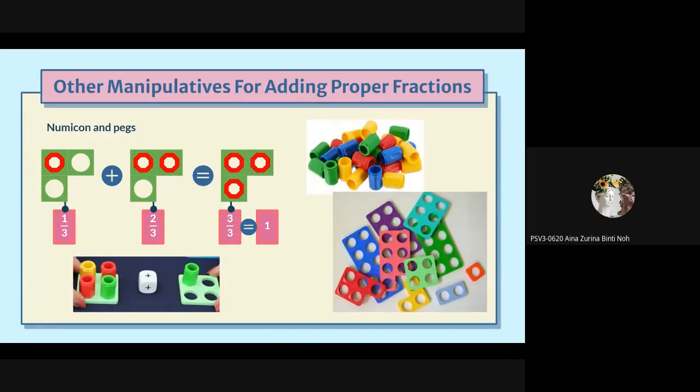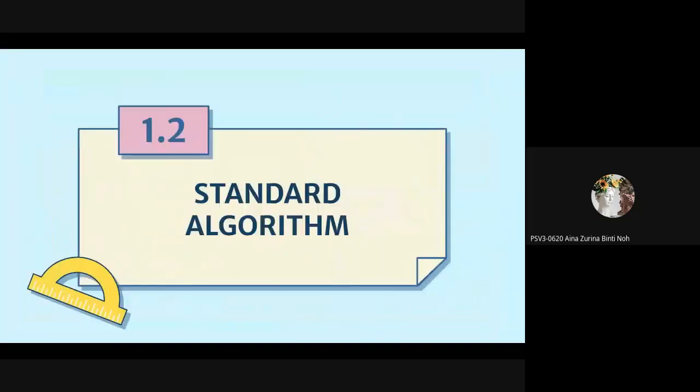So 1/3, because there is 1 pack and 3 wholes on the Numicon, plus 2 packs over 3 wholes of the Numicon equals 3 packs on 3 wholes. That also equals 3/3, which is 1. Next is Izati.